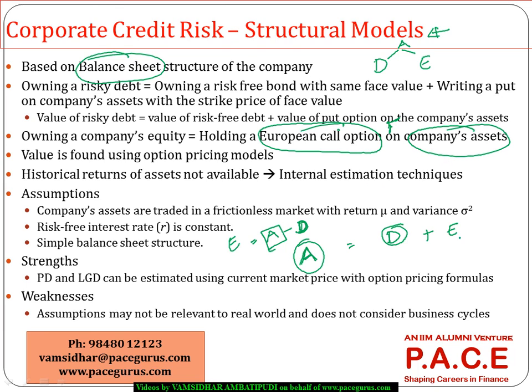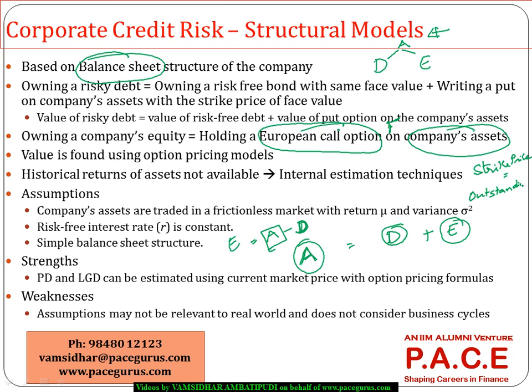So for an equity investor, the position is equivalent to a European call option on the company assets with a strike price equal to the outstanding debt or value of debt.